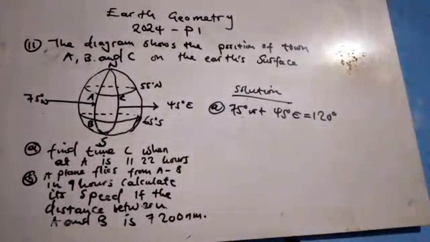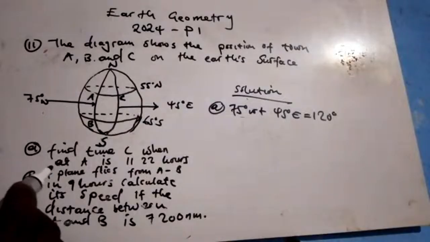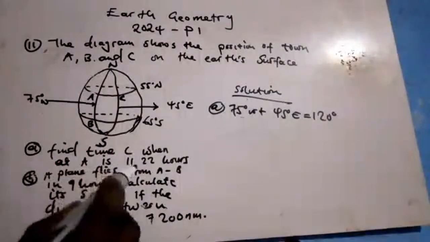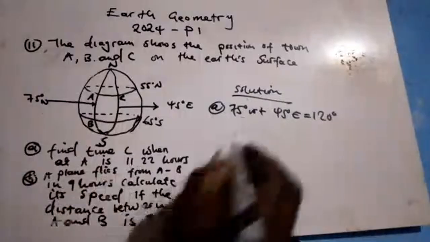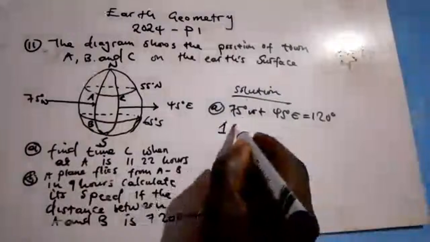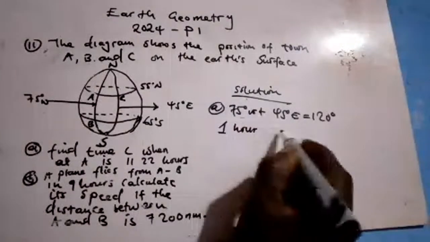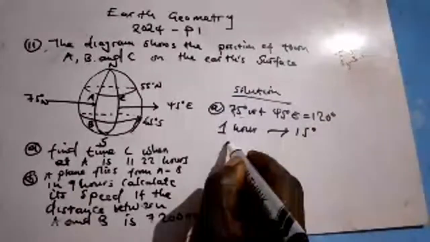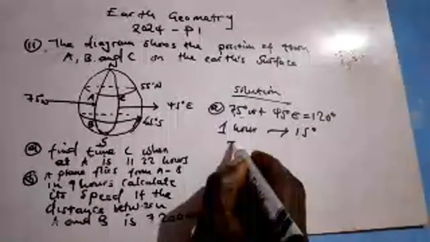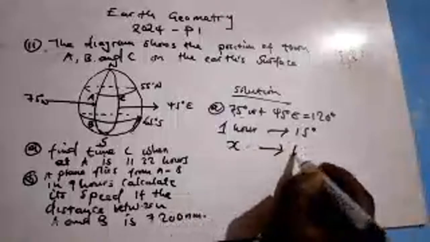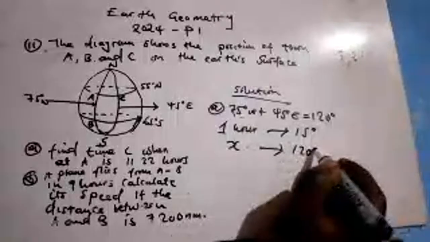So how do we find the time? We have to find the time at C when at A it is 11:22. So 1 hour is 15°. What about x hours, which we don't know, should be equal to 120°.